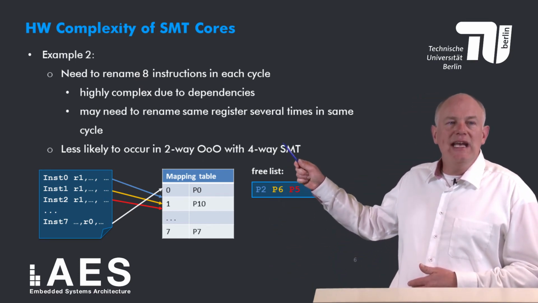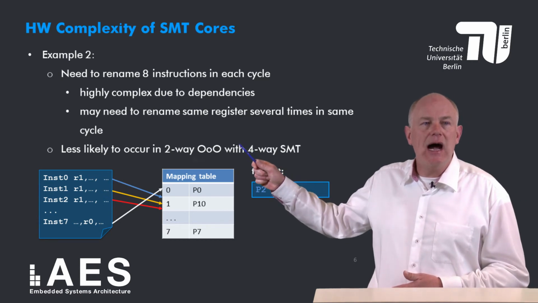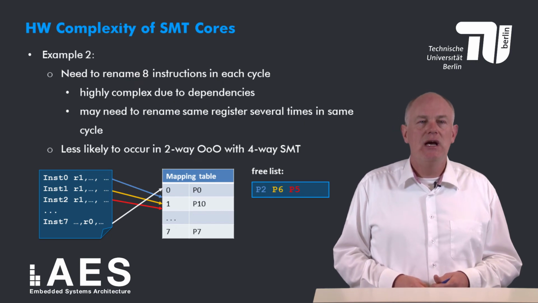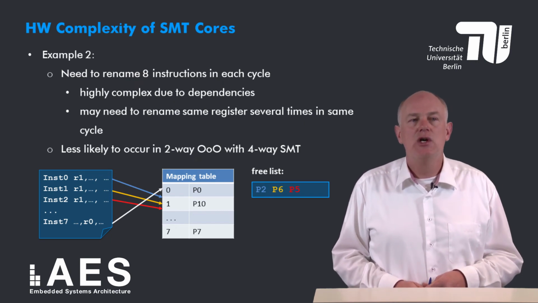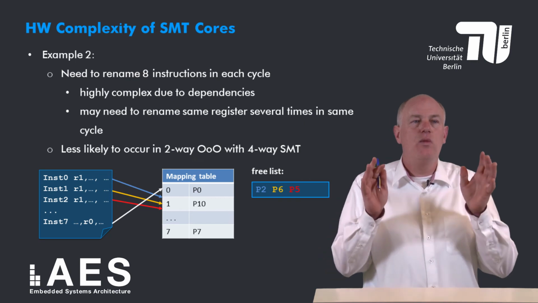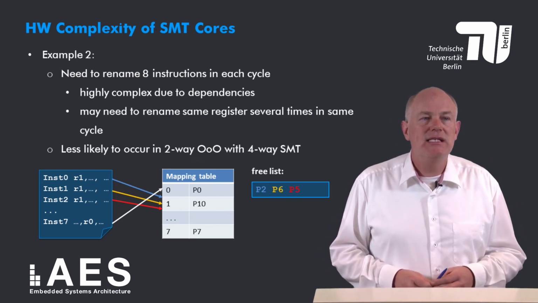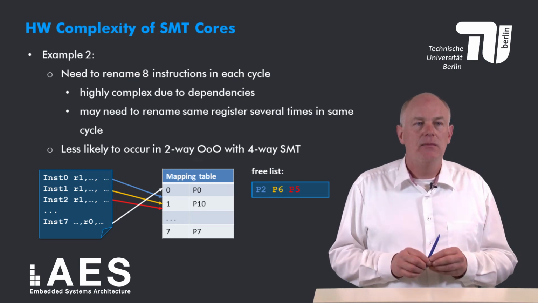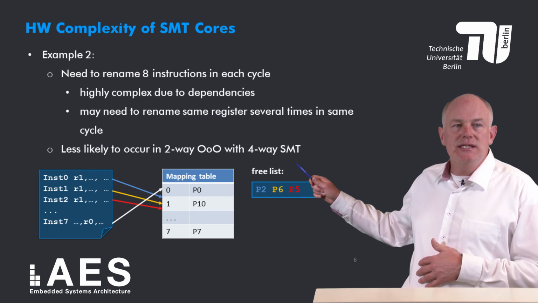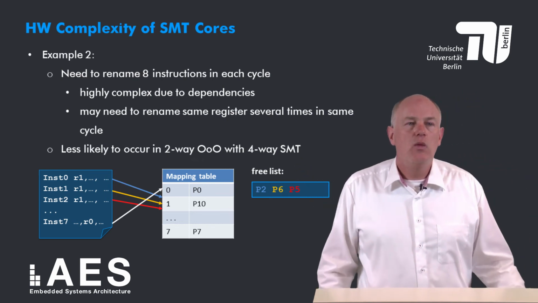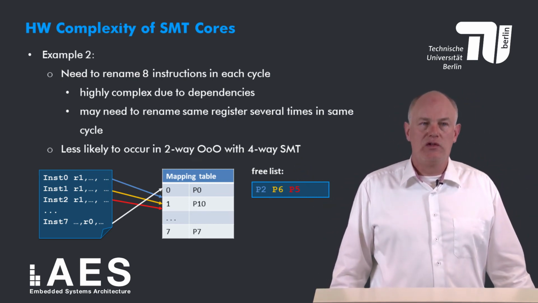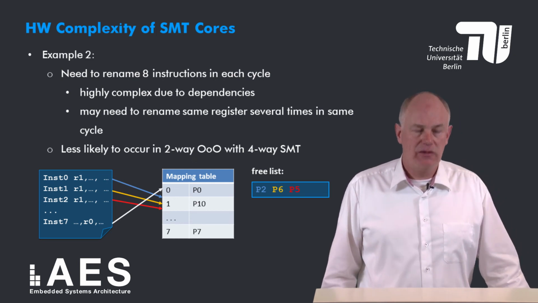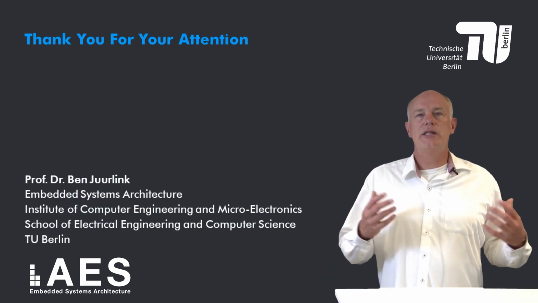And to be able to rename these 8 instructions is highly complex due to dependencies, because the dependent instructions need to change their physical source registers. In fact, we may need to rename the same register several times in the same cycle. And such conflicts are simply less likely to occur when we have a 2-way out-of-order multiple issue superscalar processor with 4-way simultaneous multithreading. This completes this lesson.